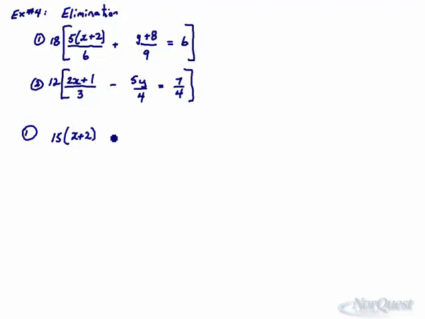My second term, 18 divided by 9 is 2, times the numerator, which is y plus 8, and 18 times 6, I'm going to punch it in my calculator just to make sure I'm right, is 108. Actually, let's just simplify equation 1 first, and then we'll look at equation 2 after.